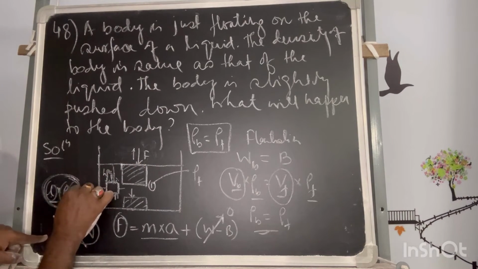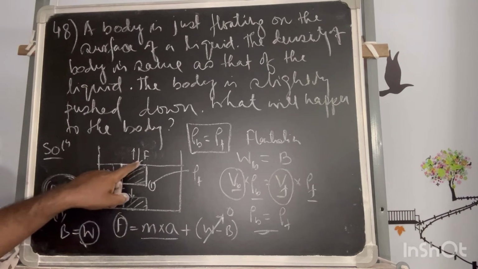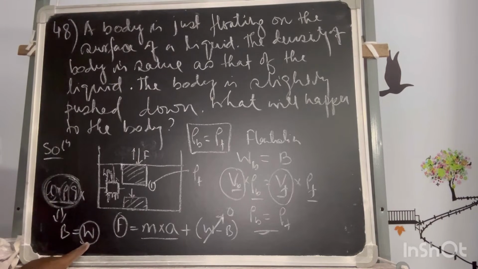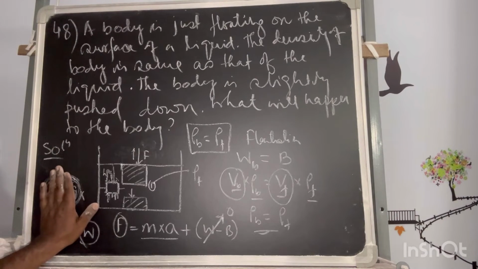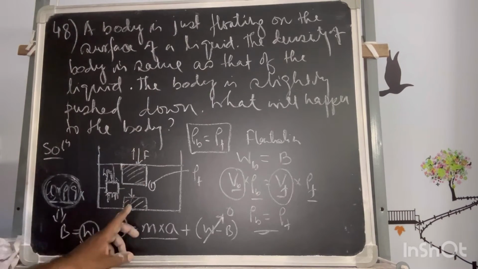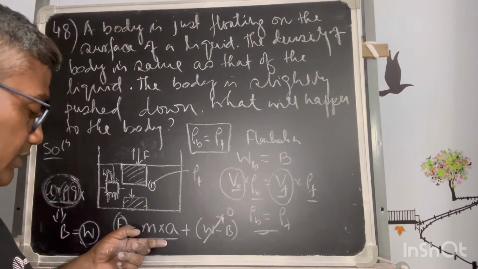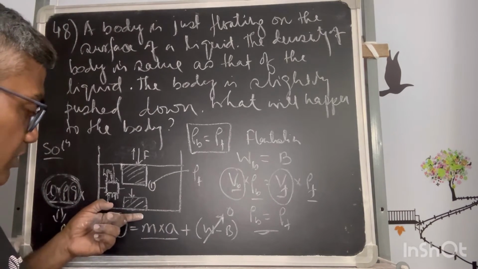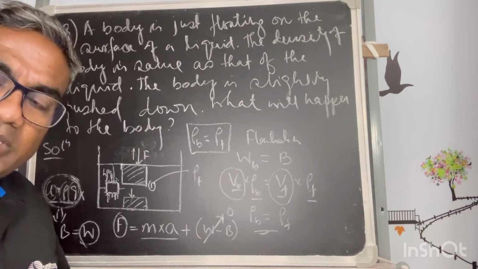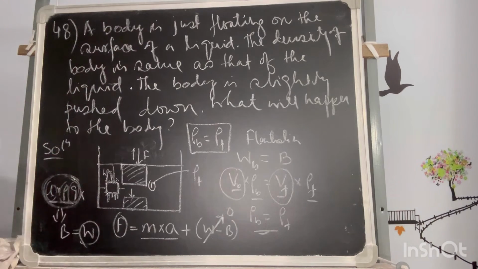So this effect will not come even with the slightest force, because there is no need to overcome this force. This force is already overcome by the weight. So this thing is not coming into the picture. Only when any force acts, it is an imbalance force, and that will create motion in the body, and it will stop at the deck when it is restricted by the surface of the liquid. Okay, so this will be the case.